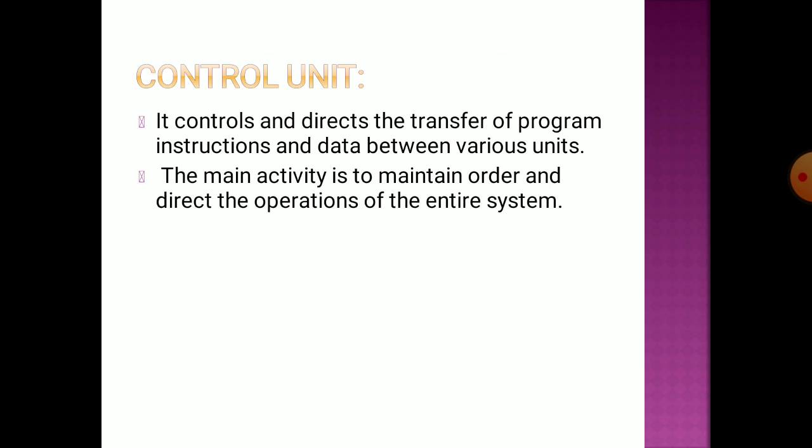So what do we mean by control unit? The control unit helps to control and direct the transfer of program instructions and data between various units. When you want to use your computer, the very first thing we do is start giving instructions. We start typing the program or transferring data through input devices. When you give the data, the CU will see whether the input unit is able to accept the data or not, and whether it is transferring it to the storage unit.